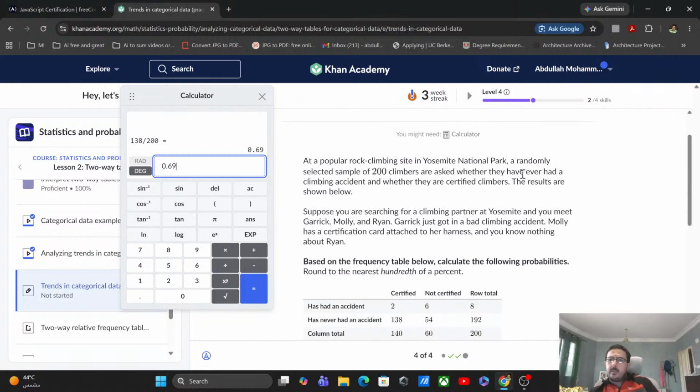200 climbers. Okay. Your session for climbing was with Garrick, Molly, and Ryan. Garrick just got in a bad climbing accident. Molly has a certification card attached to her harness. And you know nothing about Ryan.